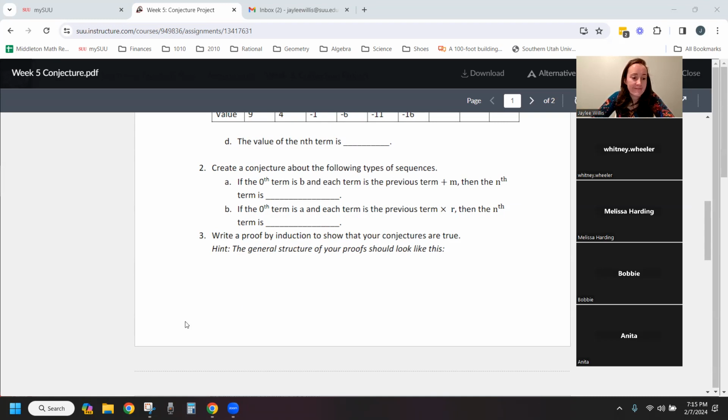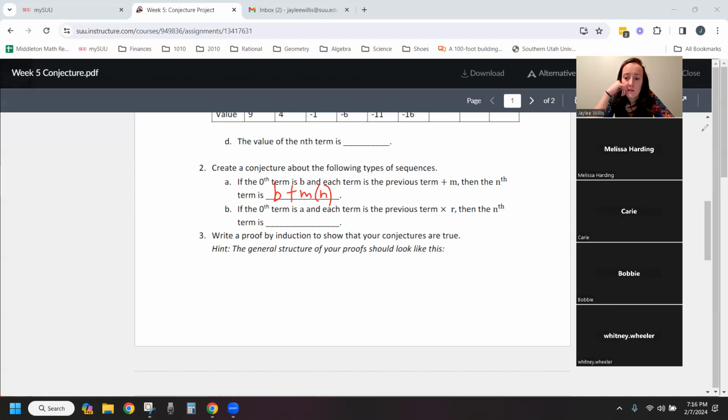Okay, awesome. Yep, so we had several people in the chat who said that our conjecture for the first one, I'll fill this in, is going to be b plus m times n. And would one of you like to explain how you know that? That is correct. But how do you know that?